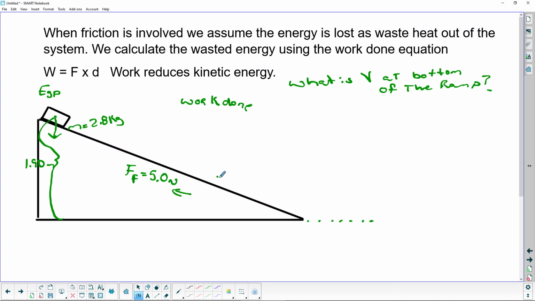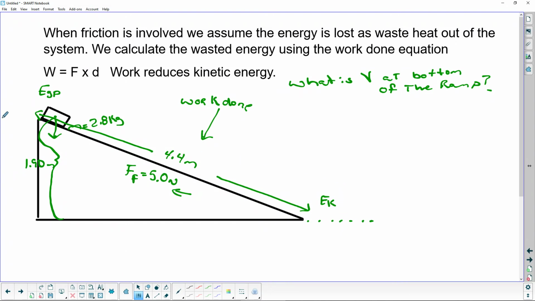Okay, and we're going to take the length of this. Looking at my diagram, that's 1.9, so it looks to be about over 2 times as much. So we'll say that it's about 4.4 meters. Okay, so we're going to have work done here, and we're going to have gravitational energy turning into kinetic energy at the bottom.